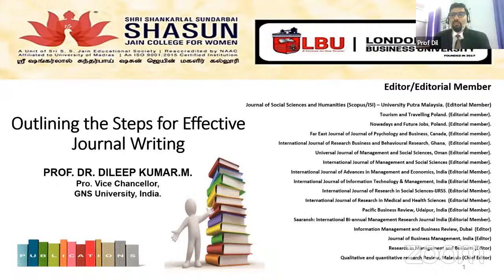Thank you so much. So we are going to take up a session connected to writing. In the last session, I gave you much idea about publications and different types of indexing and rating agencies, Scopus, WOS. A lot of things I discussed in the last 1.5-hour session.